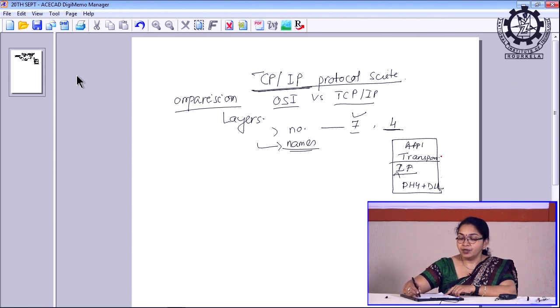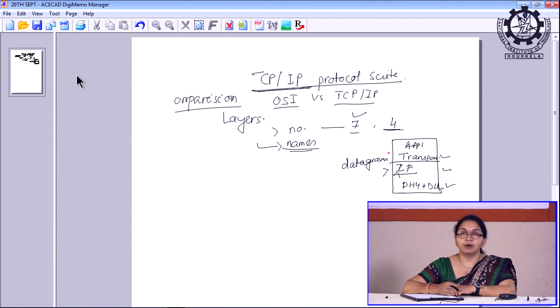Above the transport layer is your application layer. Now, these are the 4 layers of your TCP/IP protocol suite. In the IP or the network layer, the data units are called the datagrams. If you remember the OSI model, they are called packets, but the same is now called a datagram by the IP layer, or the Internet Protocol layer.